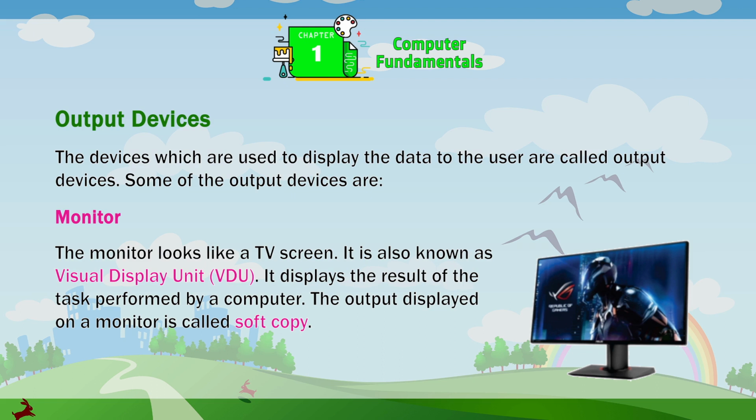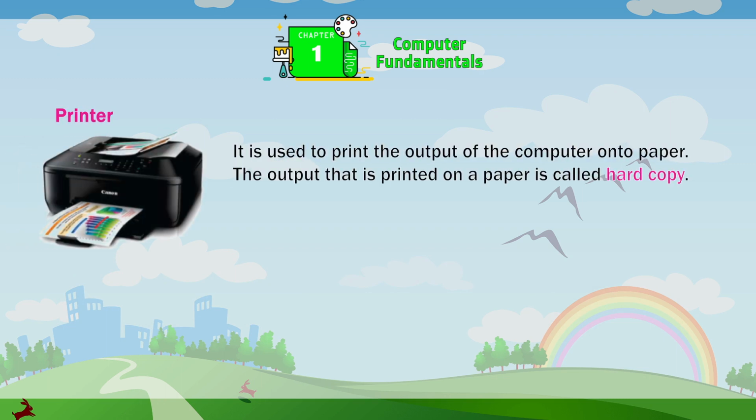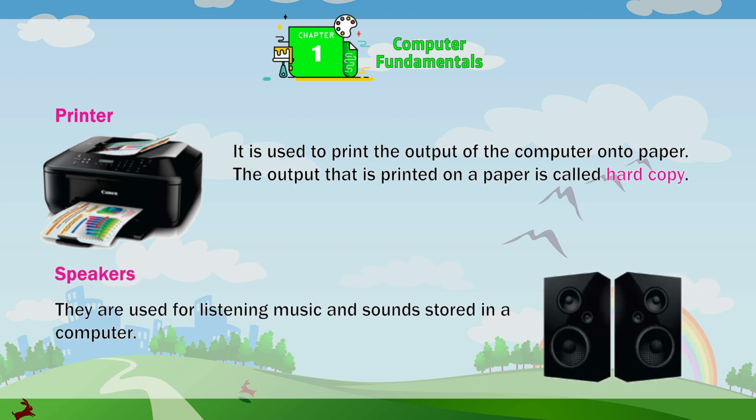The output displayed on a monitor is called soft copy. Printer. It is used to print the output of the computer onto paper. The output that is printed on a paper is called hard copy. Speakers. They are used for listening to music and sounds stored in a computer.